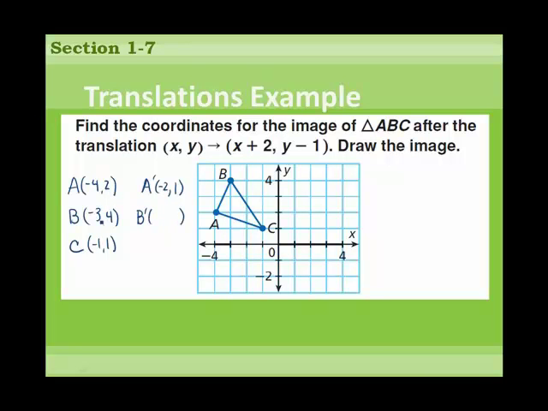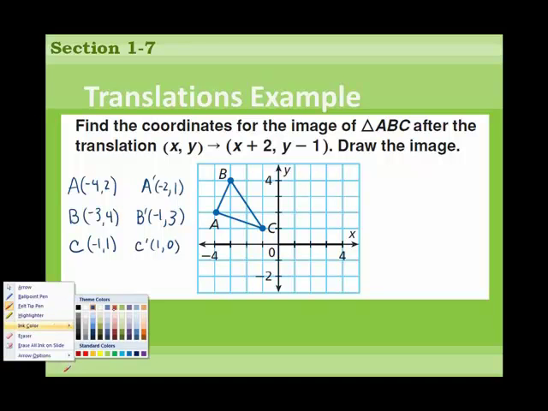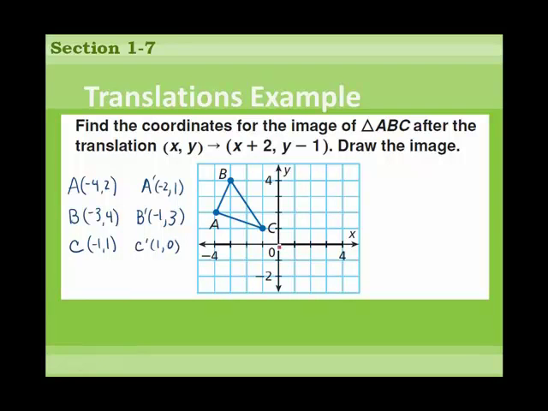B prime, I'm going to do the same thing. Negative 3 plus 2 is negative 1, and 4 minus 1 is 3. And then C prime, negative 1 plus 2 is 1, and 1 minus 1 is 0. So if I plot my new points, let me try to get a different color. I have negative 2, 1, so there's my new point A prime.